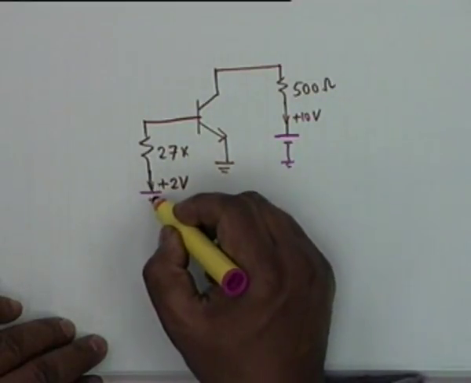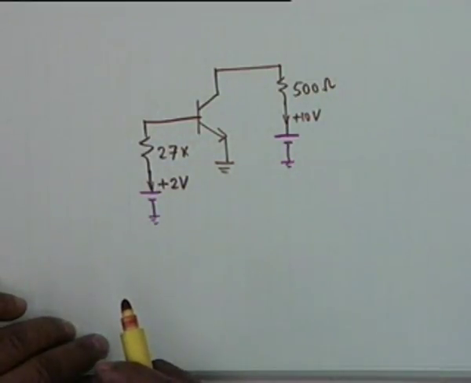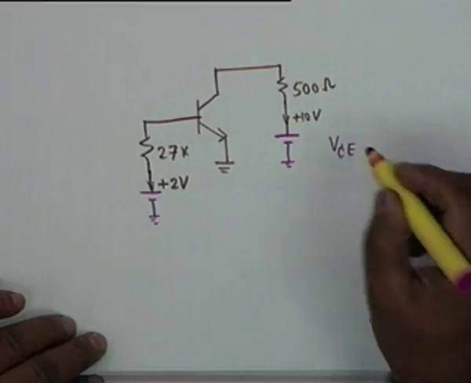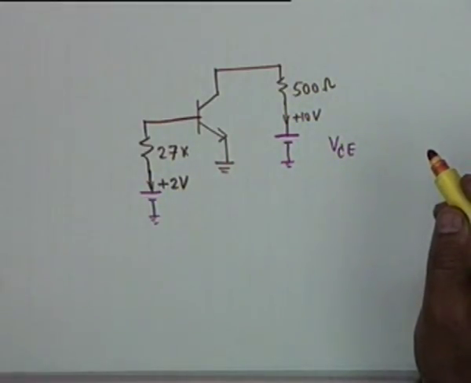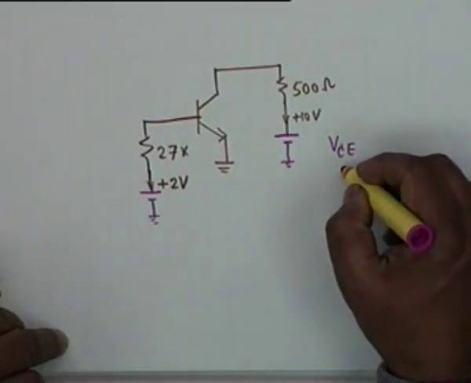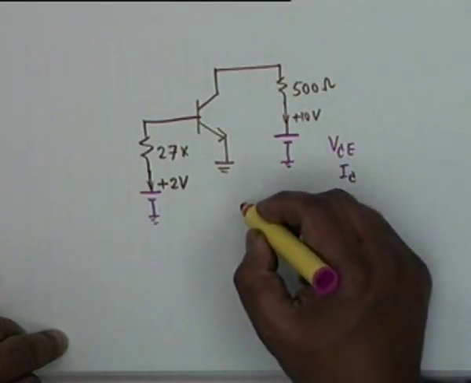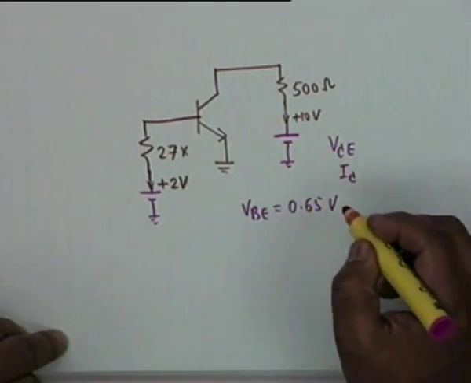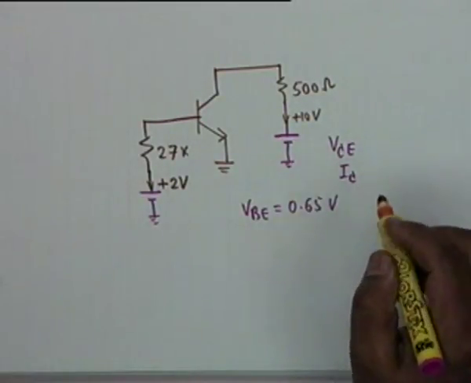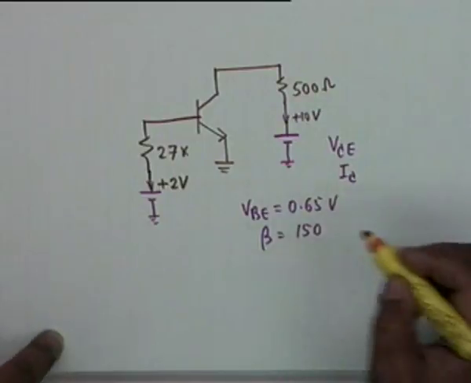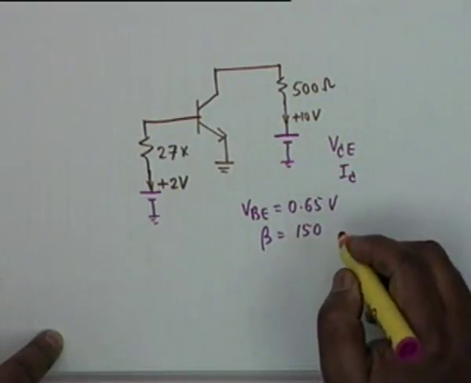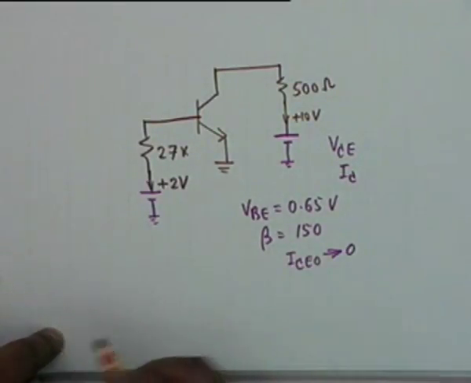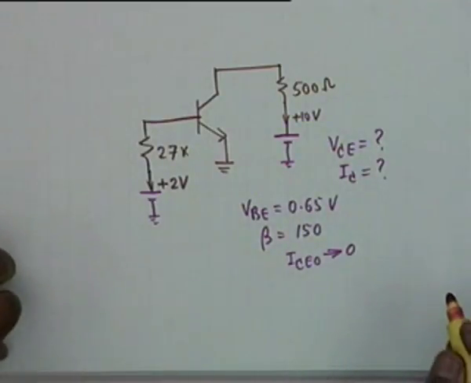Similarly, here there is a battery of plus 2 volt, the negative terminal is grounded. The question is to find VCE. I have used capital V sub CE, which means the DC operating point, VCE and I sub C. It is given that VBE is equal to 0.65 volt, slightly less than 0.7. It is given that beta is equal to 150, a large value, and that ICEO can be ignored. ICEO tends to 0. The question is to find VCE and IC.